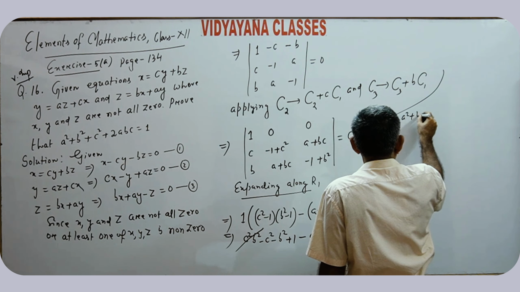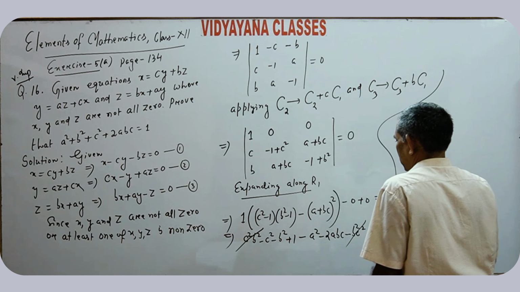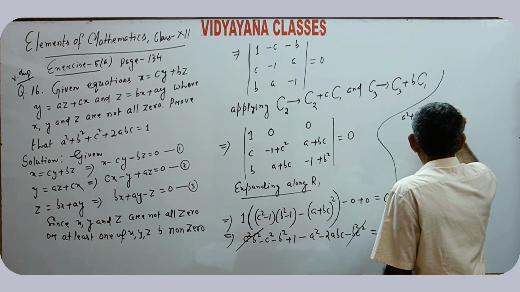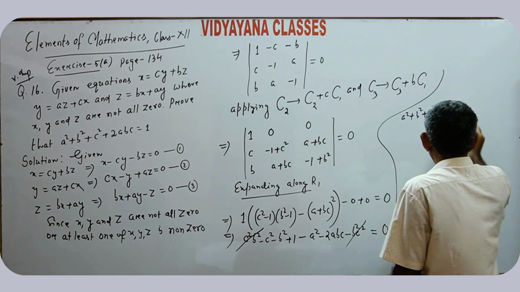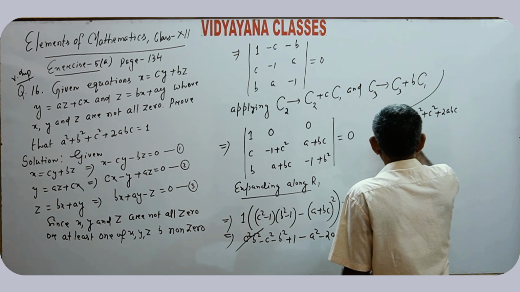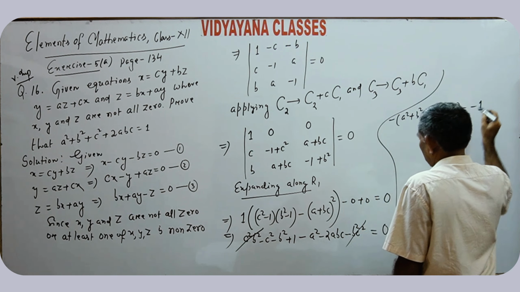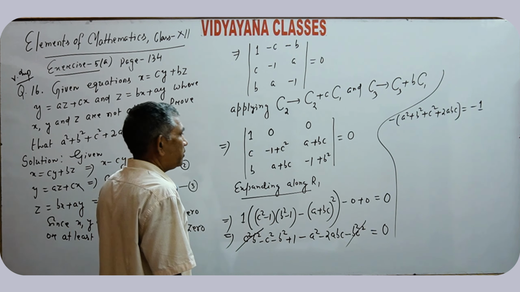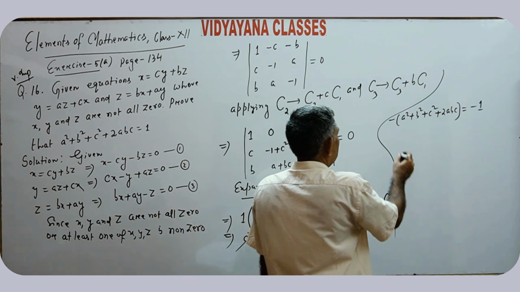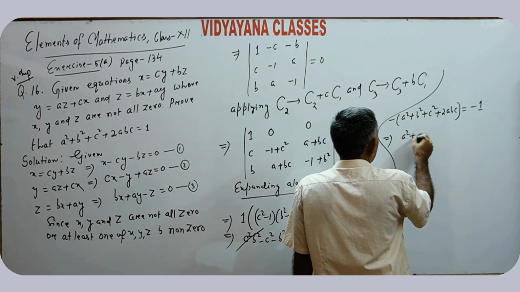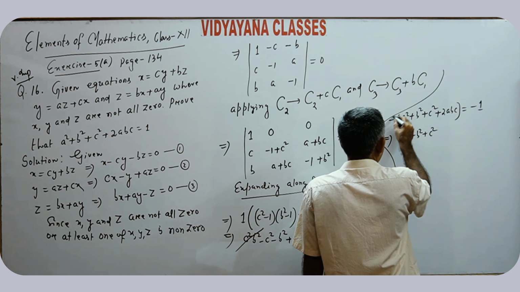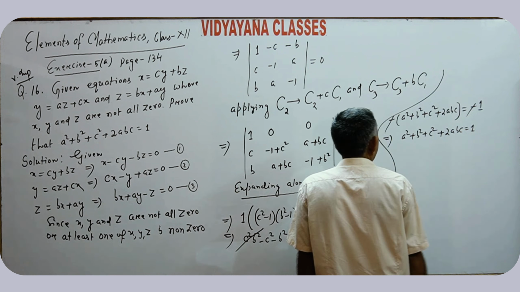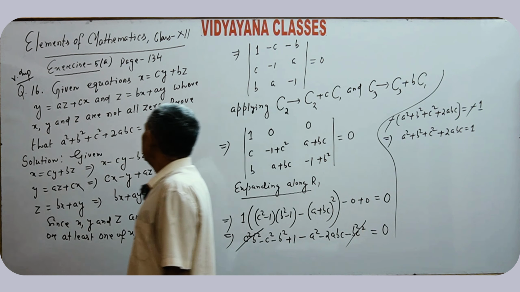A square plus B square plus C square plus twice ABC is equal to minus 1. Minus of A square plus B square plus C square, 2 times of ABC is equal to minus 1. That implies A square plus B square plus C square minus 1 cancel plus 2 times of ABC is equal to 1. Hence the statement is proved.